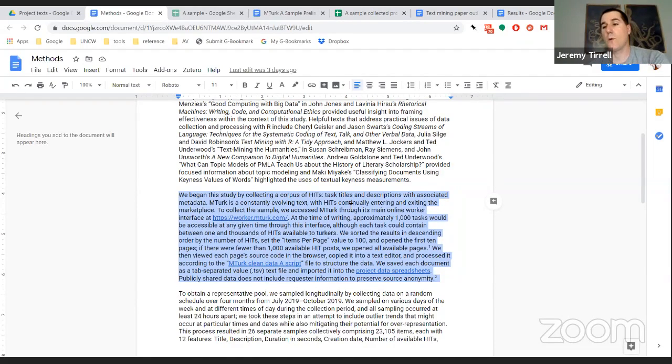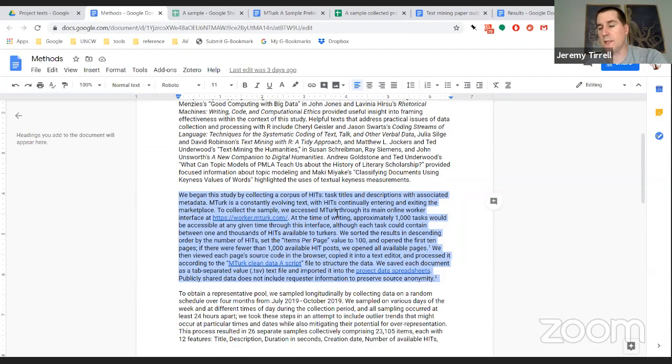Because again, now we're really just talking about the A sample. Yeah. The B sample, if we even are allowed to use that, doesn't appear here because really we're looking at hit titles and descriptions. And compensation. That's really what we're looking at. Yeah. In part because, as we've talked about before, the B sample really gets at Turker sentiment, right?